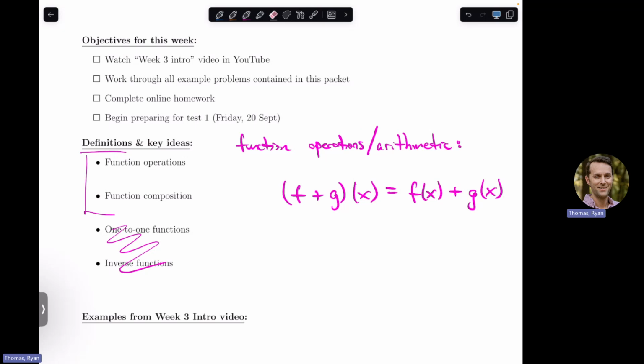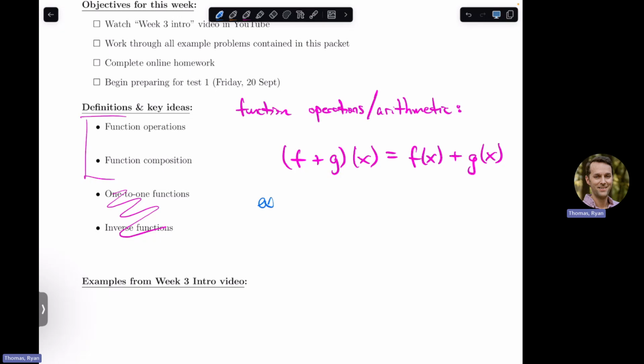So, for example, let's say f was x plus 2 and g is the square root of x minus 5.